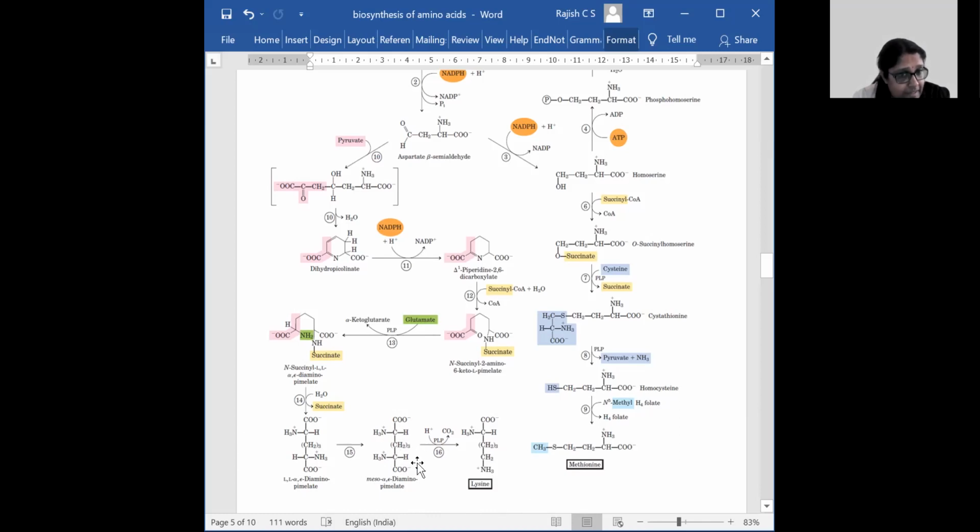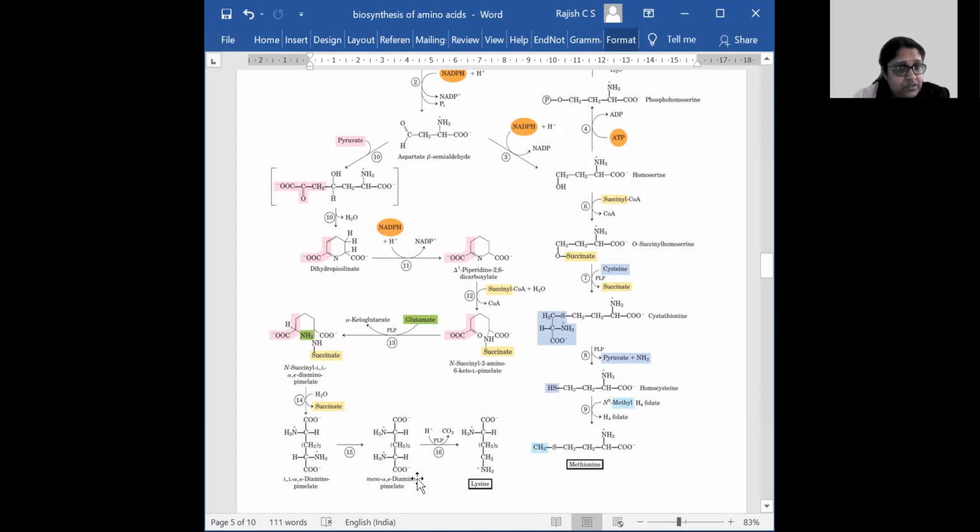And once we have that, then pyridoxal phosphate will catalyze the reaction of diaminopimelate decarboxylase. So lysine is an amino acid that is formed by a decarboxylation reaction, like we have looked earlier into the decarboxylation reactions. So what happens is this CO2 is removed.